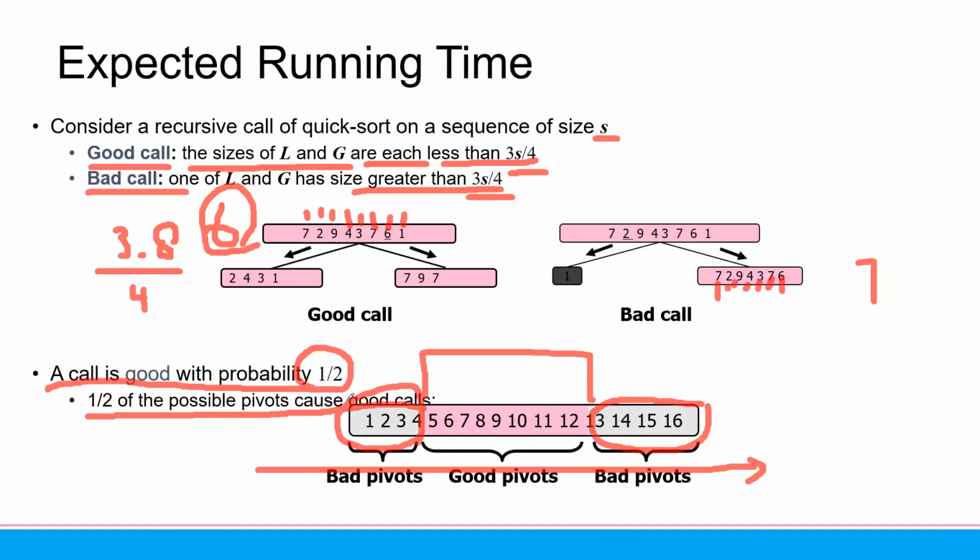So we call this the probability half, because let's say we have 16 numbers. Then 4 on the right, 4 on the left. Then it means there are about 8 elements which are bad pivots. And there will be 8 possible elements which are good pivots. Okay? That's why we call this the probability of half.